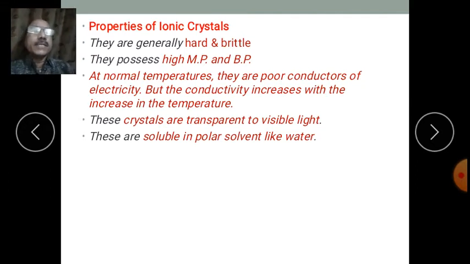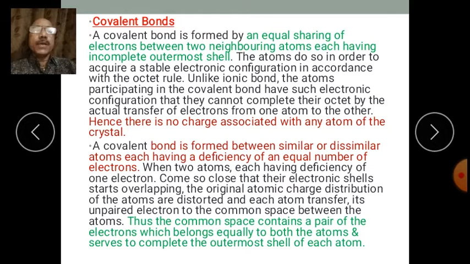So this is all about the ionic bond. Now let us proceed to understand what is meant by a covalent bond. A covalent bond is formed by an equal sharing of electrons between two neighboring atoms, each having an incomplete outermost shell.